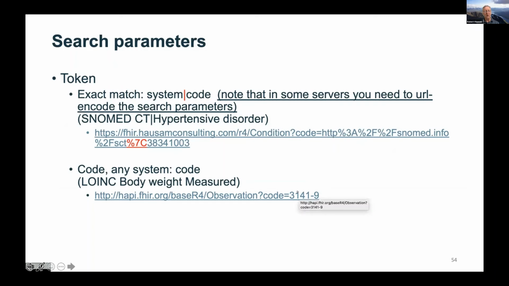That would basically be saying, I want an observation resource with this particular code 3141-9, and I'm not going to tell you what code system it is. It happens to be the LOINC code for body weight measure, but I'm not specifying LOINC. If we do that, we'll still get results.